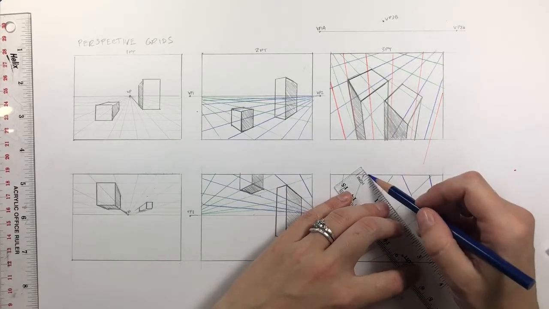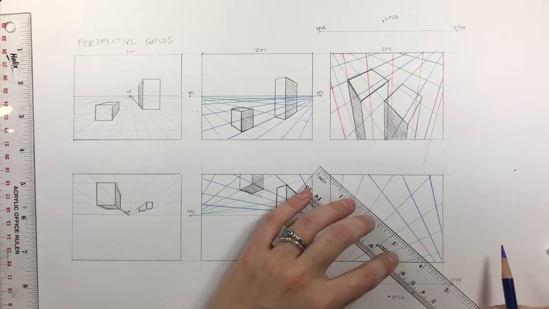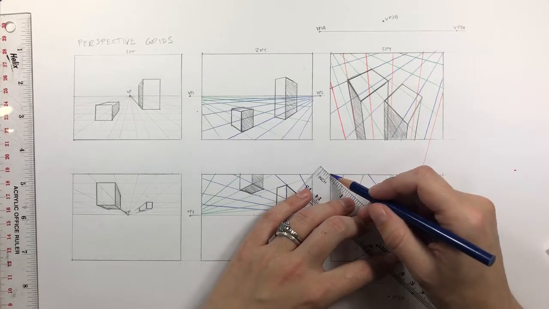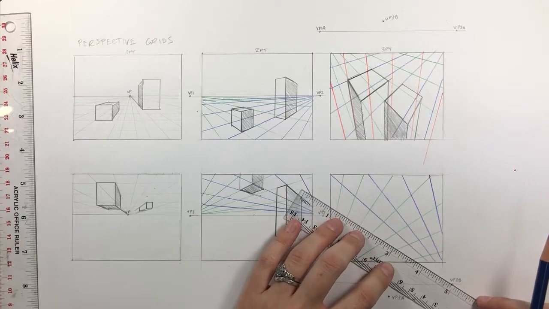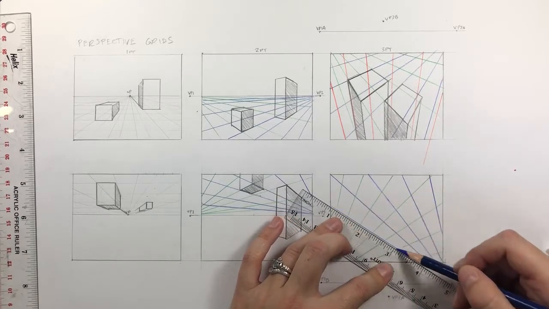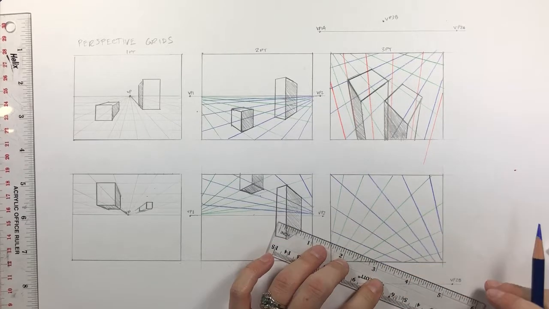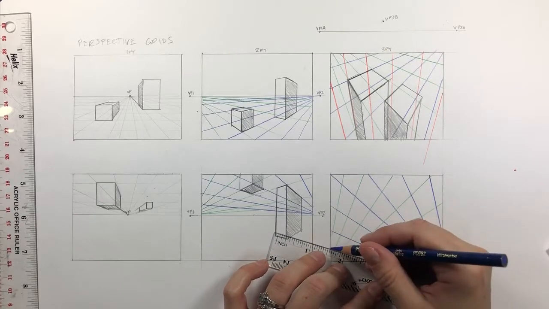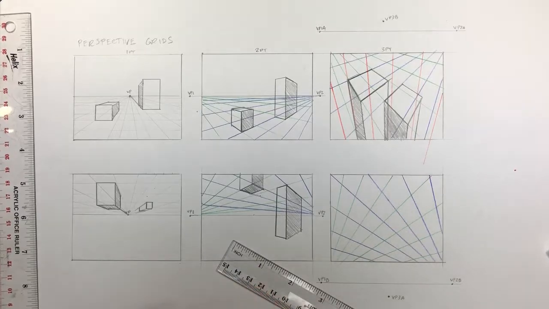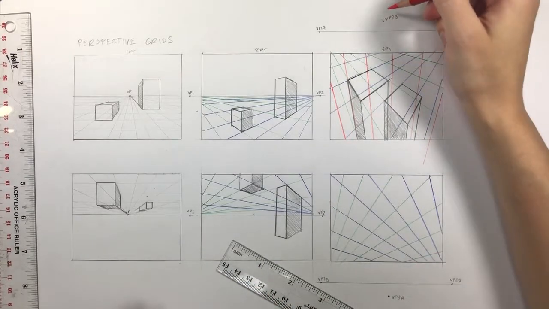Okay, so now it's starting to feel like we're looking upwards here. And then we need our third point. So the point for this one is all the way up here.